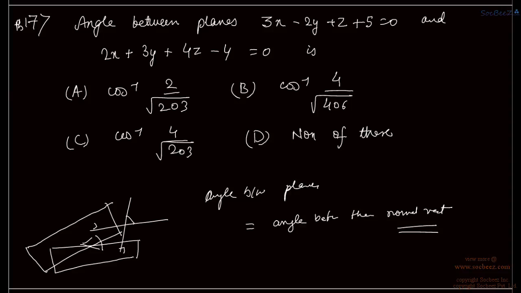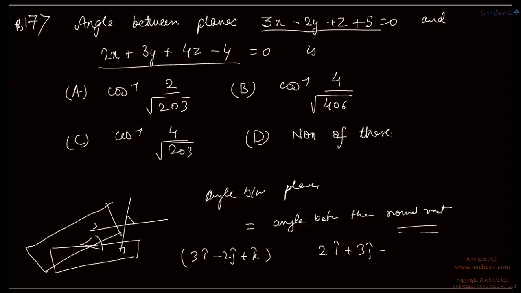So we just have to find the angle between their normal vectors. So normal vector of plane 1, that is 3x minus 2y plus z plus 5 is equal to 0, is 3i minus 2j plus k, and normal vector of second plane is 2i plus 3j plus 4k, right? So we just have to find the angle between these two vectors.